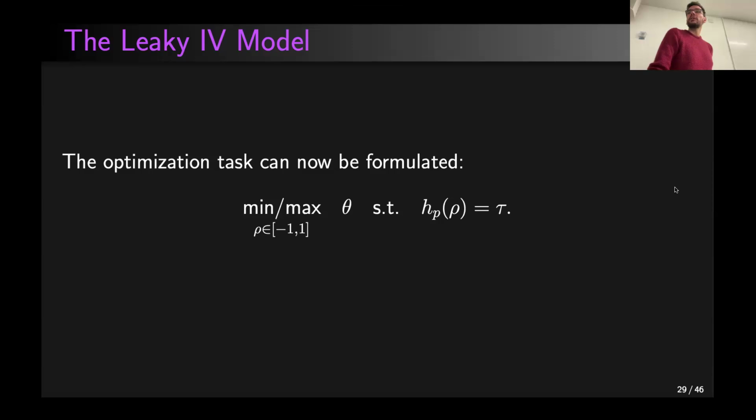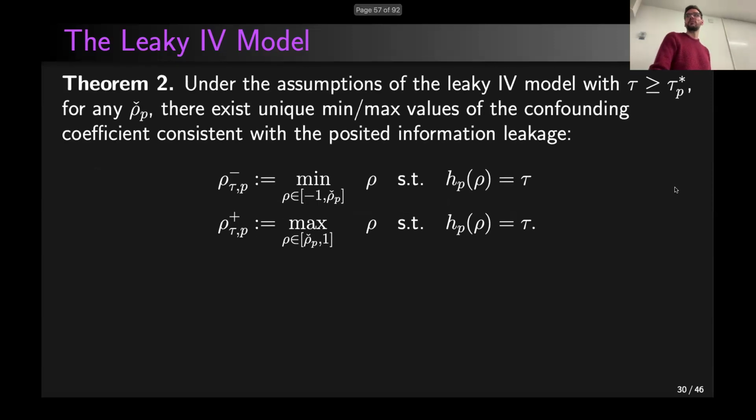All right. The optimization task can now be formulated. We're just going to take a min-max of theta as we range over these values of rho, such that HP of rho equals tau. That's just spelling out the things we looked at before. It's a little garbled to say, but I promise it's not conceptually complicated.